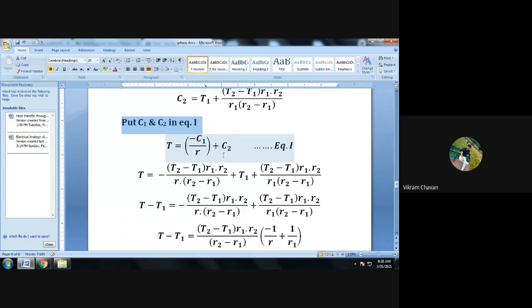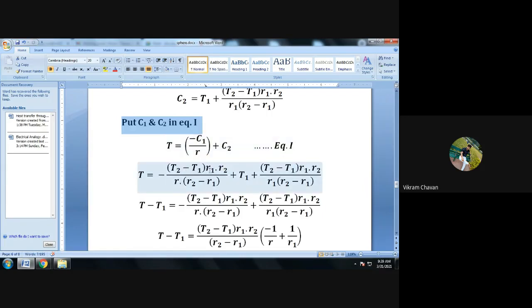After putting the C1 and C2 equations in equation number Roman 1, we will get T is equal to minus of (T2 minus T1) multiplied by R1 multiplied by R2, whole divided by R multiplied by (R2 minus R1). This is the first term, minus sign as it is, with the C1 equation.